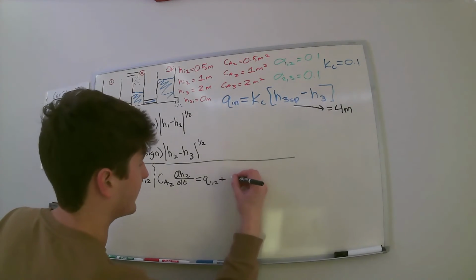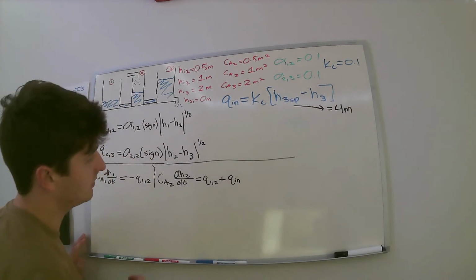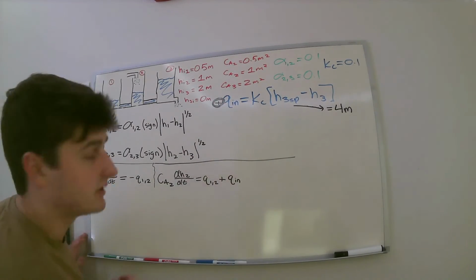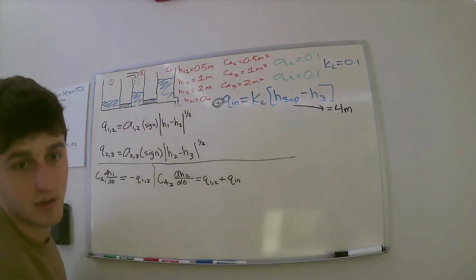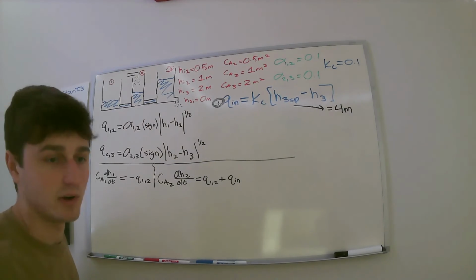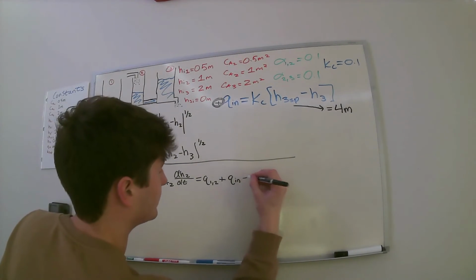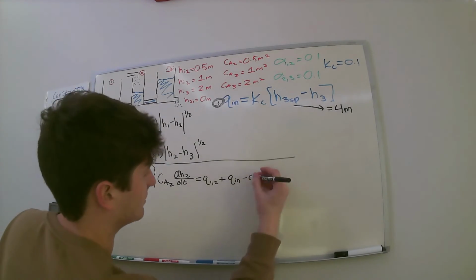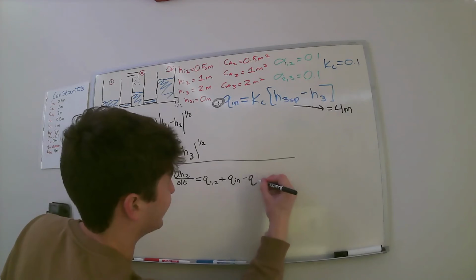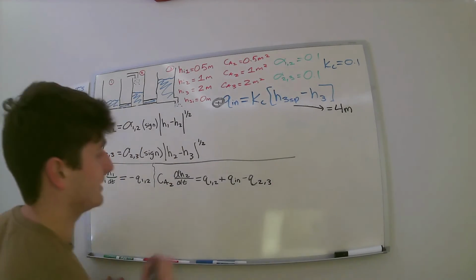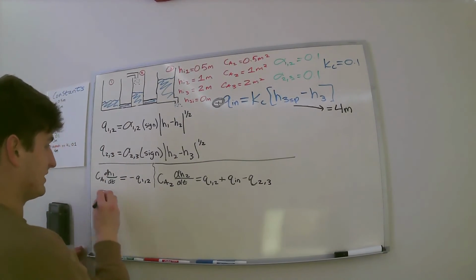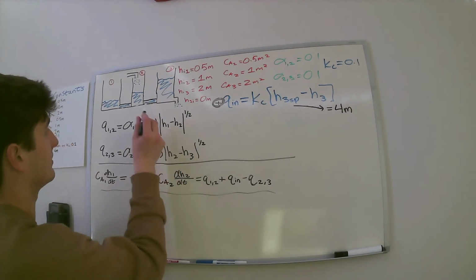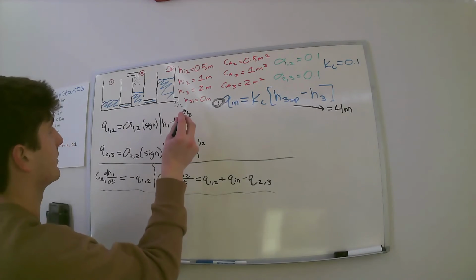And we're also going to have to add our QN value. Quick thing about the QN is it must be positive. We are not sucking anything out of this system. We are only putting liquid in when necessary. And also we're going to have to subtract the flow from 2 to 3, because that is when liquid is flowing forward.